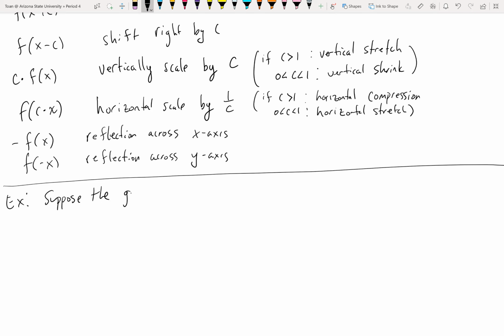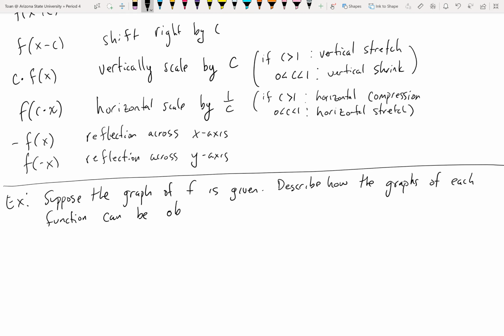Suppose the graph of f is given. Spoiler, it won't be. But pretend it is, right? Describe how the graphs of each function can be obtained from the graph of f.